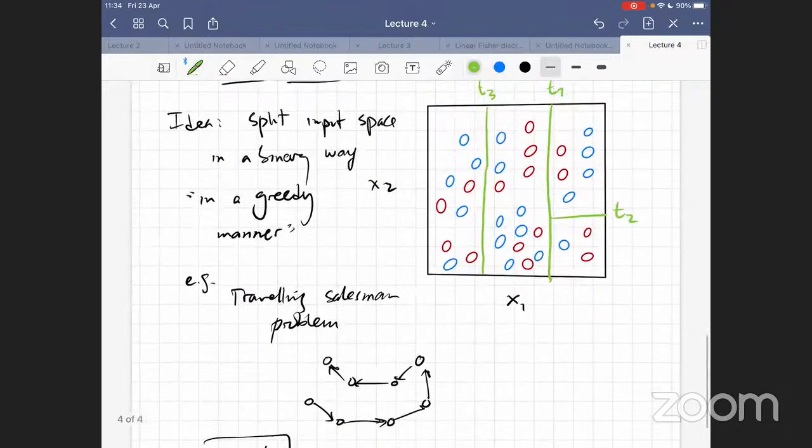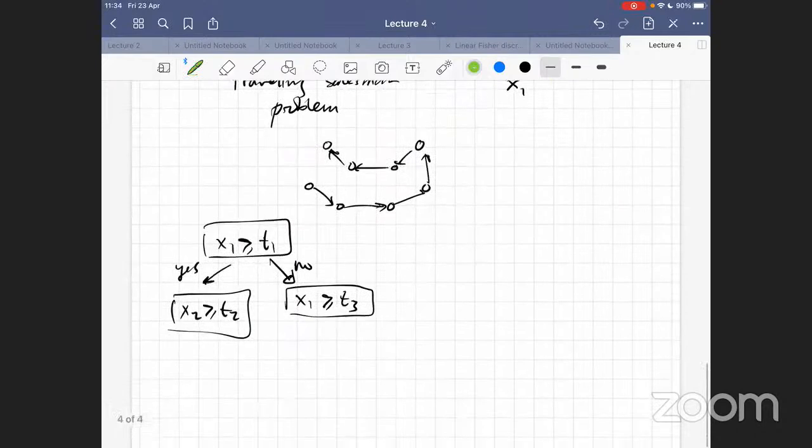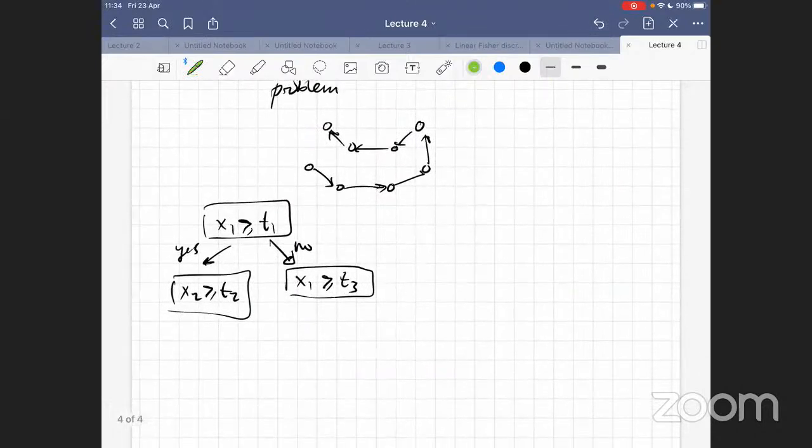Then I go to each region, and in each region I make the decision. So, for example, if this is yes, then I may say this belongs to C2.